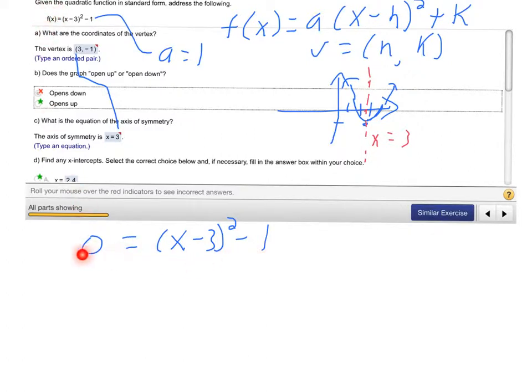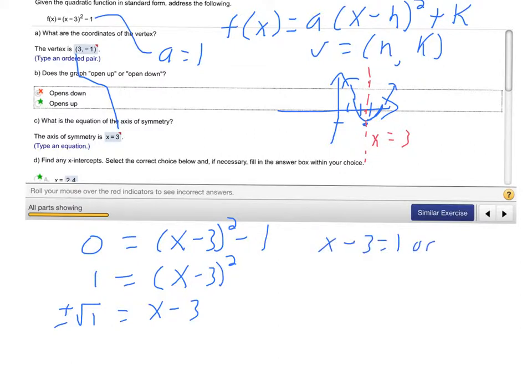Many ways you might solve this, but the easiest way would be to add 1 to each side and apply the square root property. So 1 would equal quantity x minus 3, closed quantity squared. Use the square root property. You have to let me know whether you're familiar with that. And the square root of 1 is just 1. And so x minus 3 equals 1, or x minus 3 equals negative 1.